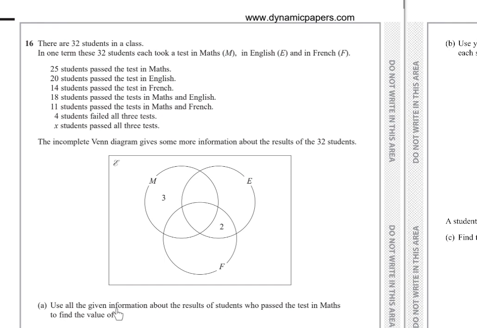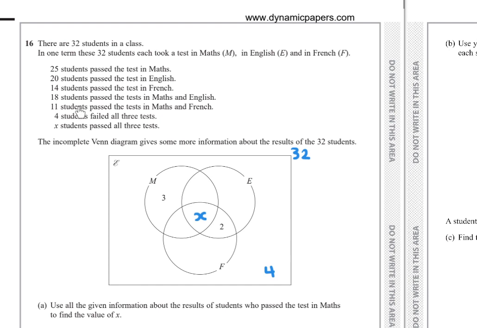Use all the given information about the result of students who passed the test in math to find the value of X. So we have the total 32. And now we have X students passed all, so we have X in the middle. We have 4 students failed all the 3 tests, so we have 4 outside.